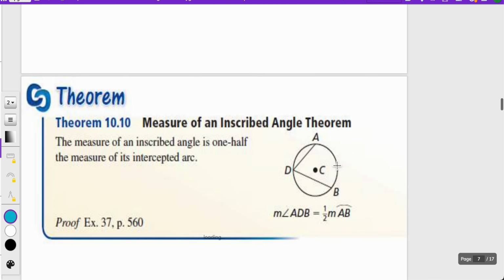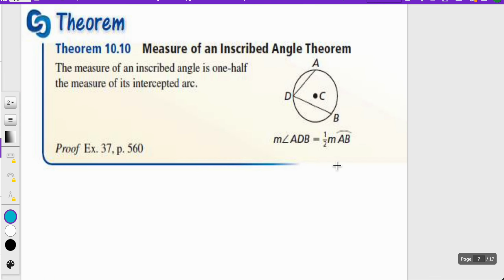Once we've got that information down, let's talk a little bit about how we can apply this. The measure of an inscribed angle can be found by taking 1/2 of the measure of its intercepted arc. So again, this is a good picture to draw with theorem 10.10 on your theorem sheet.